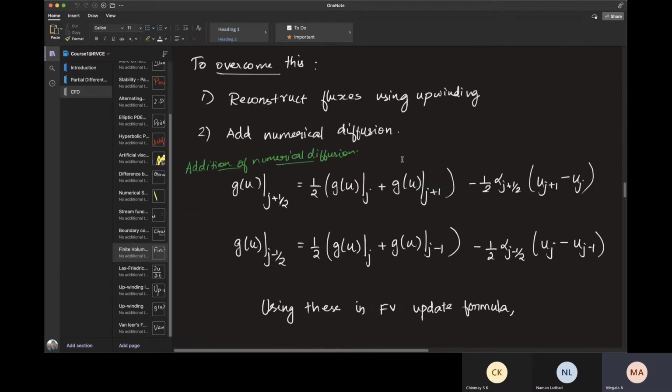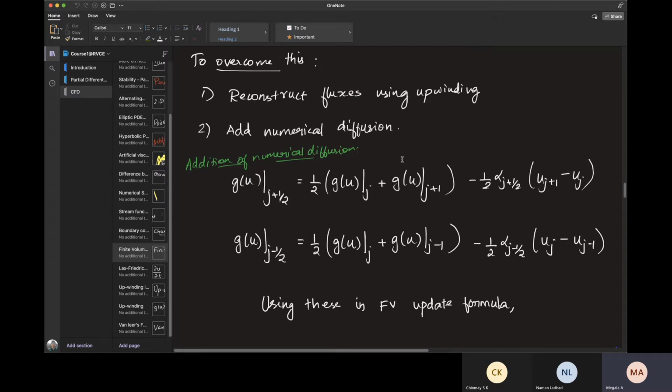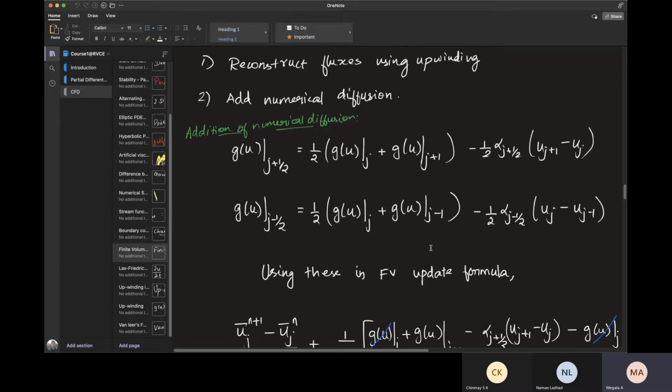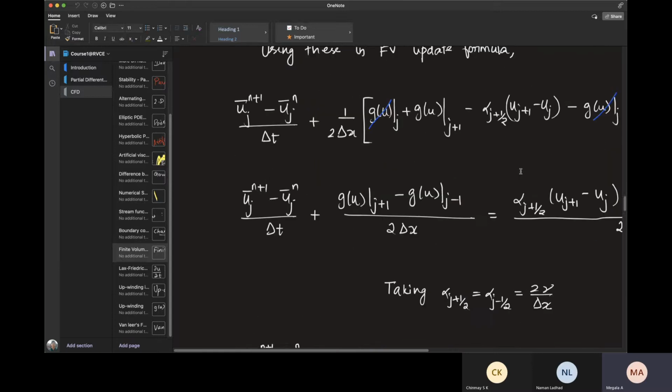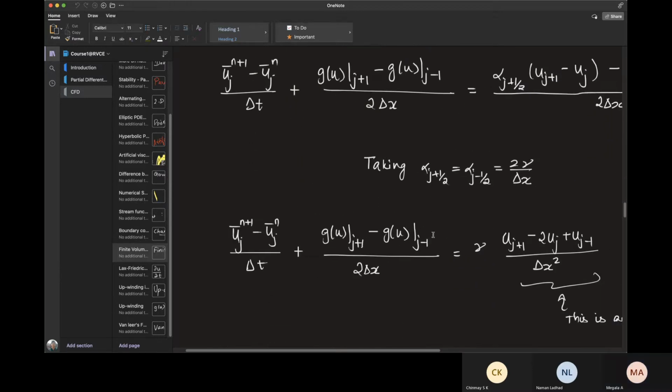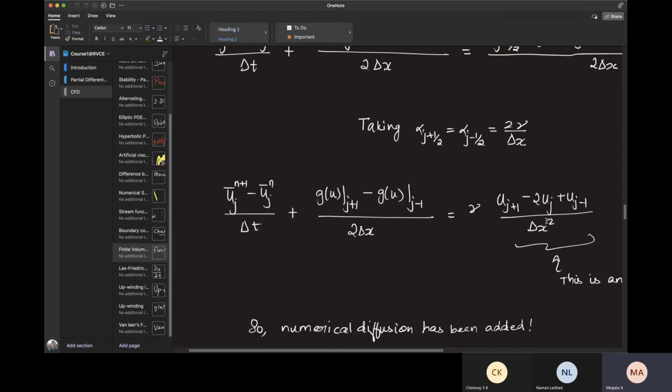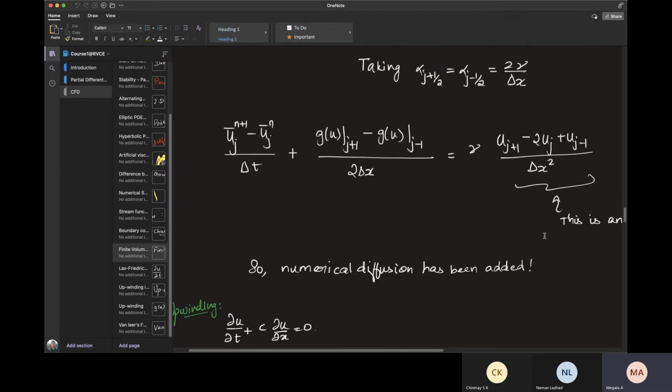So we tried upwinding. We said that there can be two ways to overcome this. One is adding numerical diffusion, the other one is upwinding. Last time we saw this addition of numerical diffusion. When we add numerical diffusion, we get a scheme that is stable. So we sort of get a convection numerical diffusion equation.